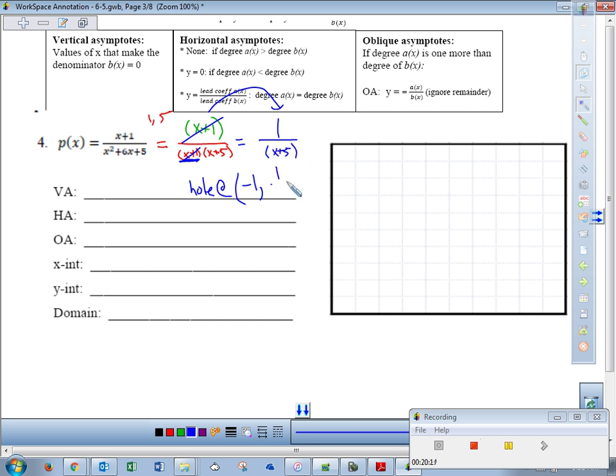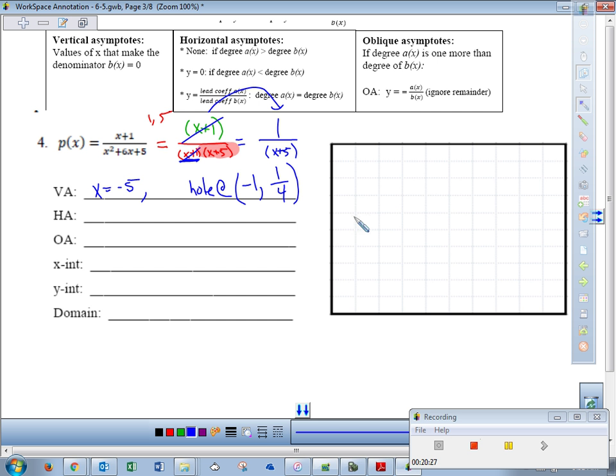So 1 over 4 is the y value of that. When you get the same quantity upstairs and downstairs, we will have a hole in the graph. There will not be an asymptote there. This will give us an asymptote, though, at x equals negative 5. So we will have a vertical asymptote at x equals negative 5, and we will have a hole in the graph at negative 1. Then we have to substitute in and find the y value. As an ordered pair, there will be a hole there.